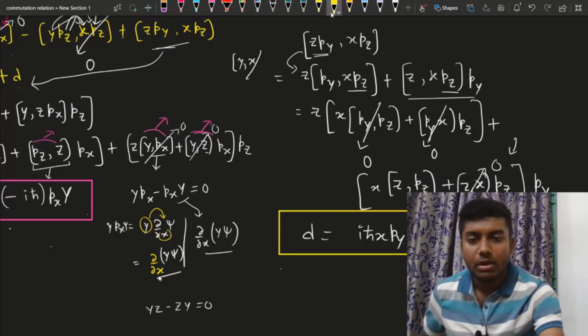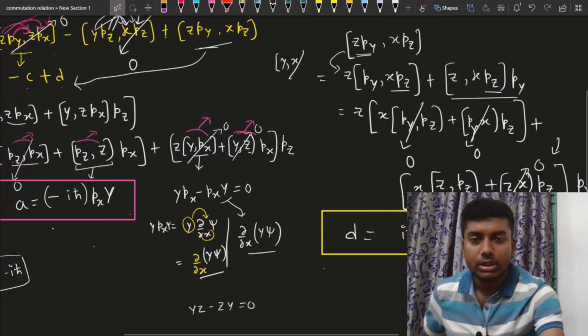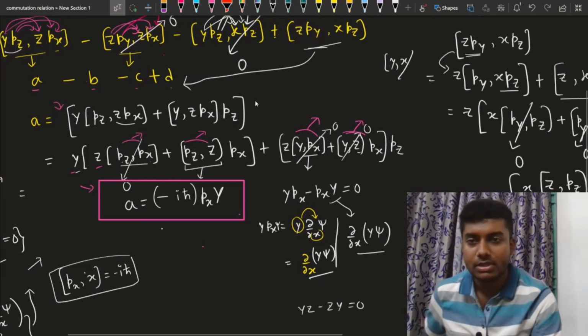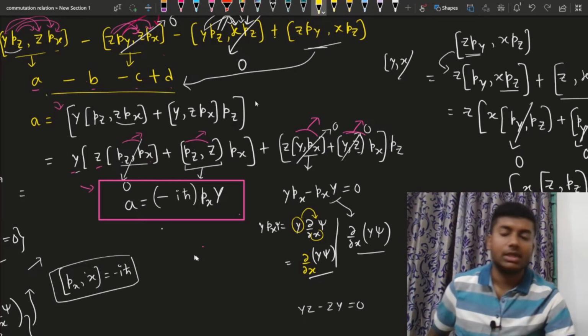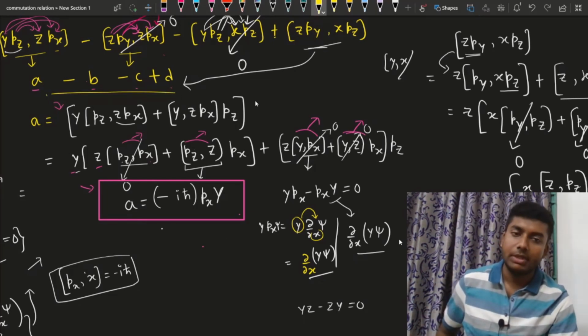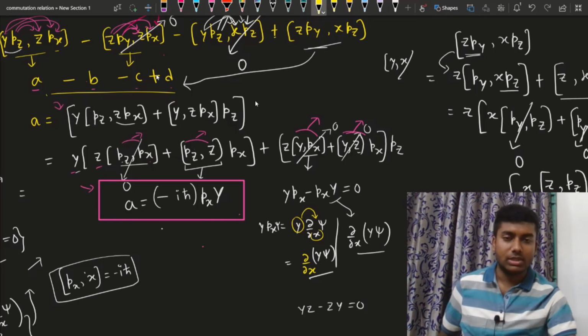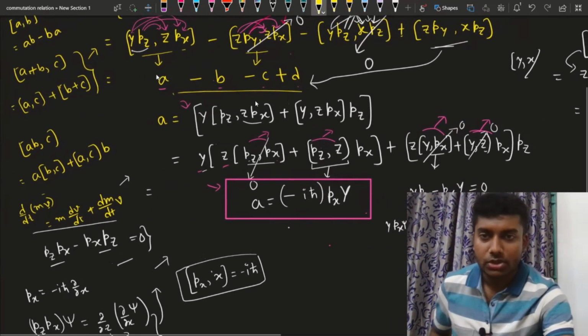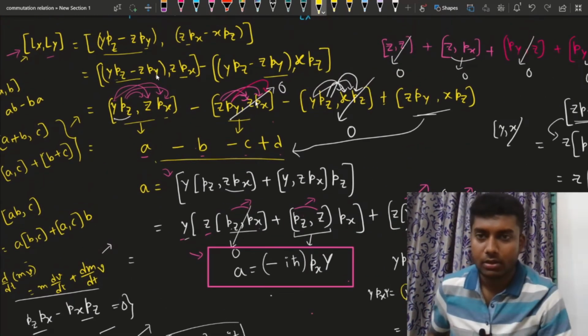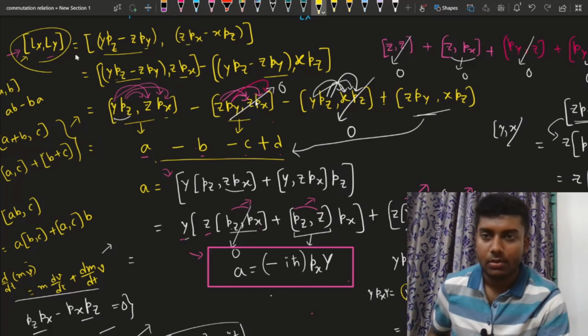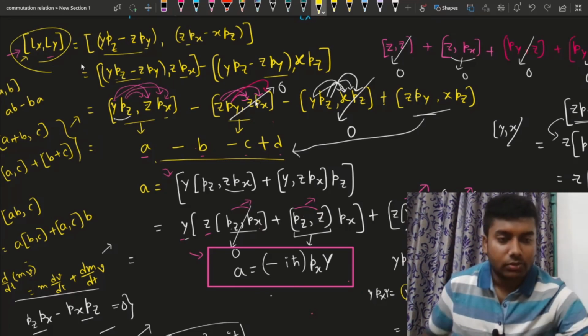Now we have got the value of the total thing, that is a minus b minus c plus d. So what will be the value? Just a and d will survive. So I can write the actual value of this operator, the commutation bracket of Lx comma Ly.